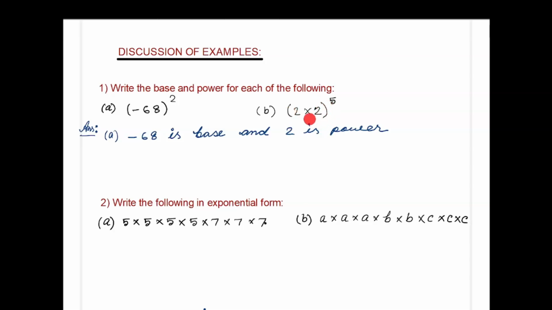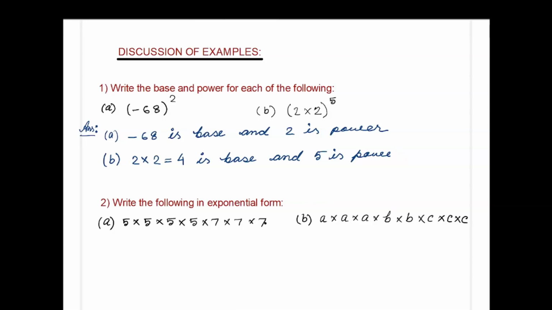That means within the bracket whatever is being multiplied or added, the whole expression is the base. So in question B, 2 into 2 means 4. 4 is the base and 5 is the power. Understood, children?